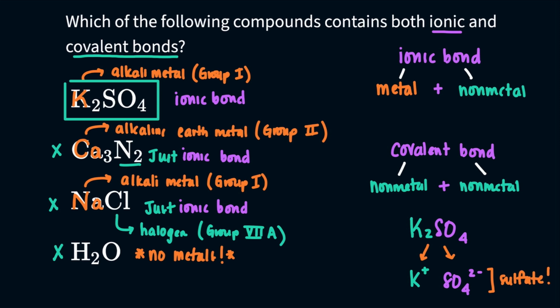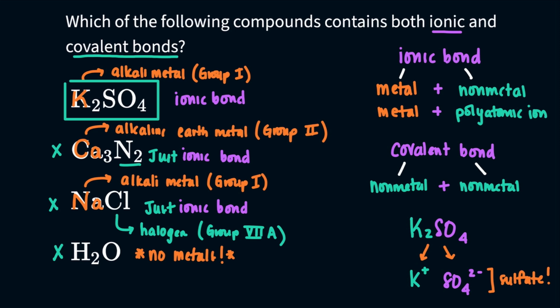So you do have a metal with a nonmetal-type idea. Keep in mind that it could be a metal plus a nonmetal, and it could also be a metal plus a polyatomic ion, which is what we have going on here: a metal plus a whole big polyatomic ion.